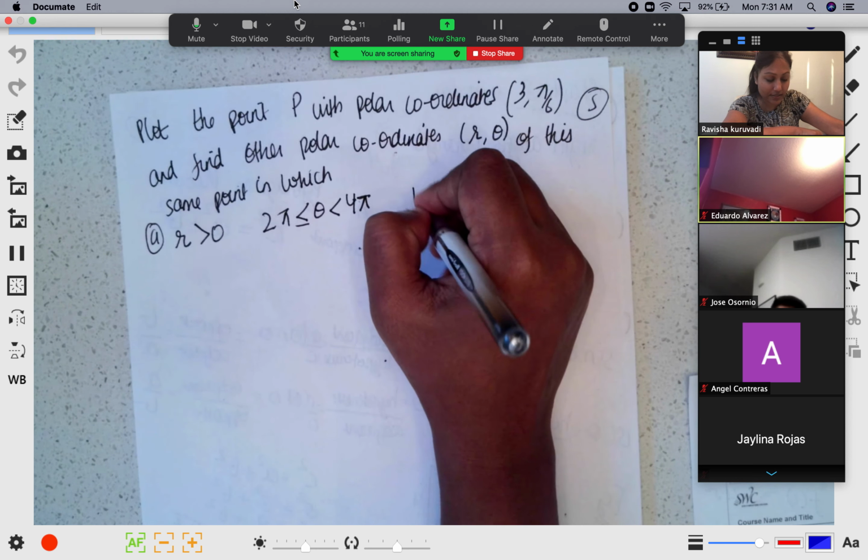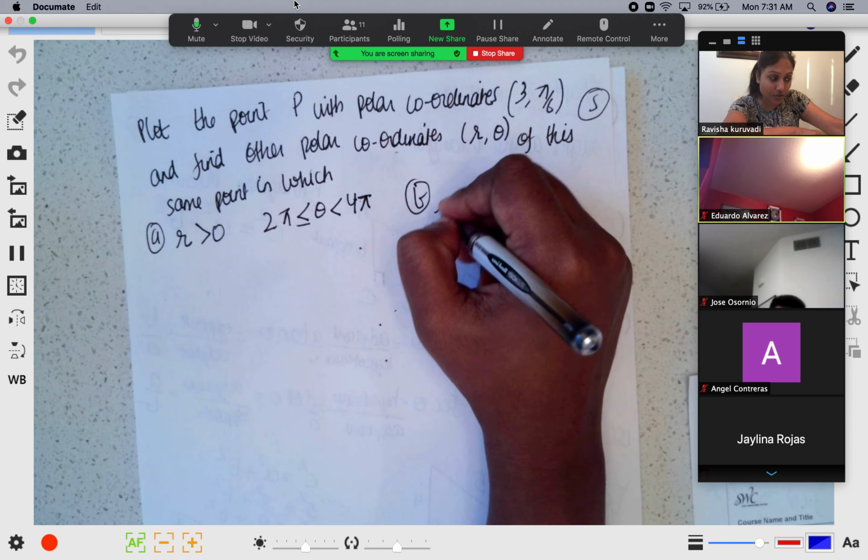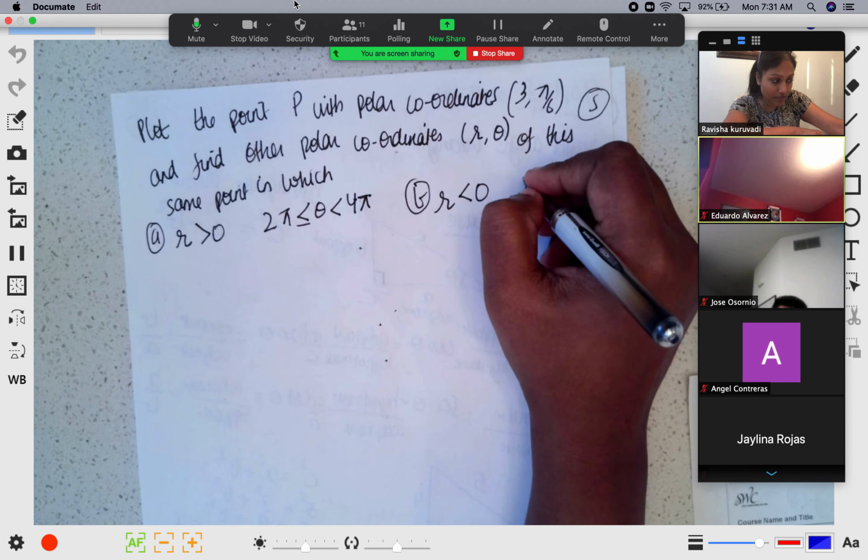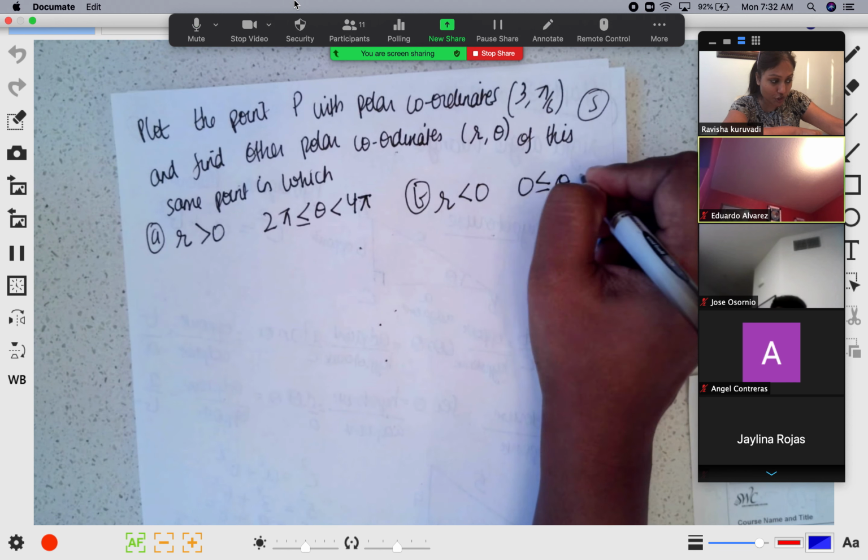B, r is less than 0, so r is negative, and 0 is less than theta less than 2 pi.